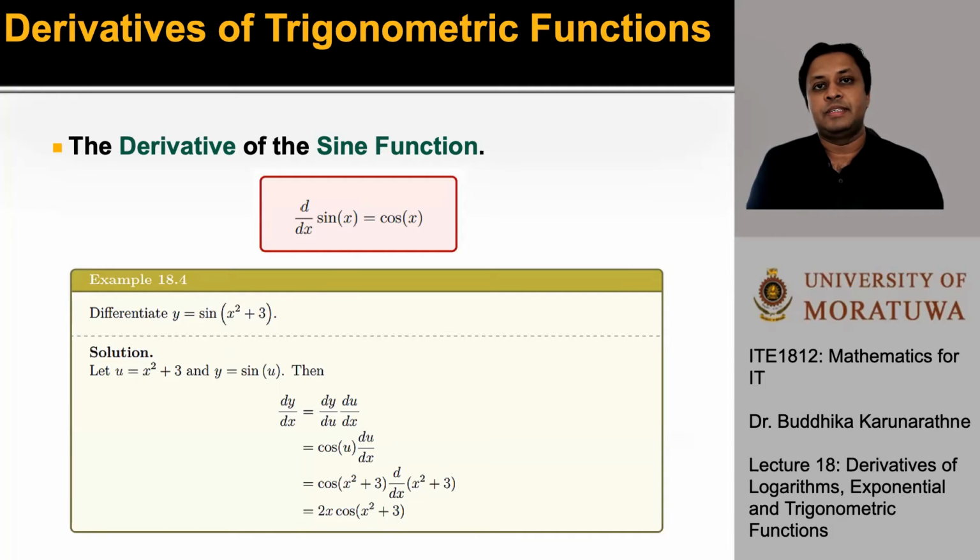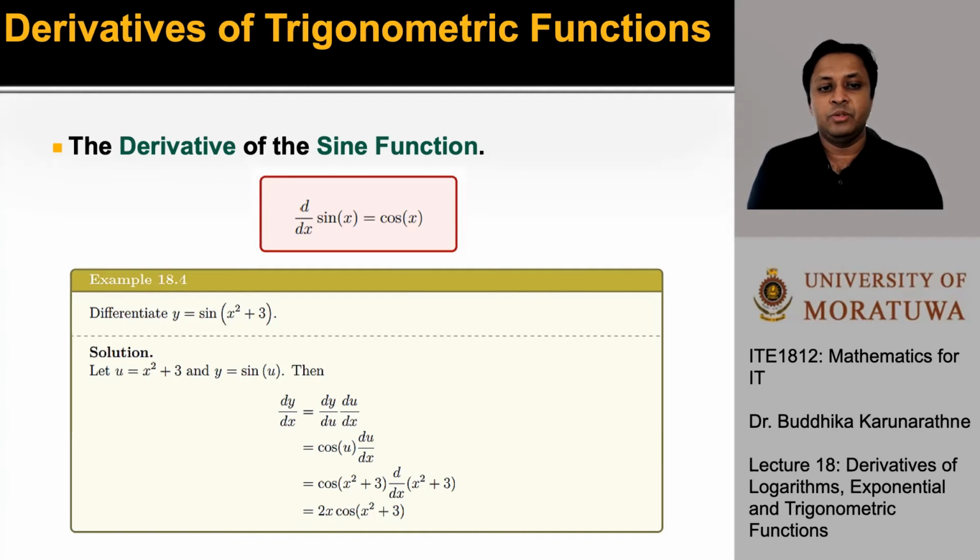We are asked to differentiate the function y, which is sin of (x squared plus 3). Let's take x squared plus 3 as u, and y will be equal to sin u. Then you can apply the chain rule for differentiation.